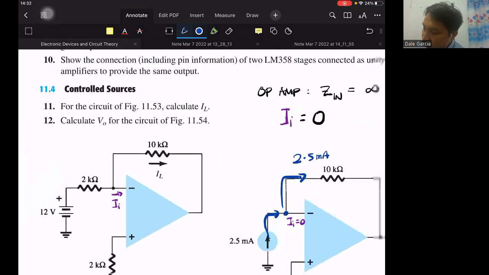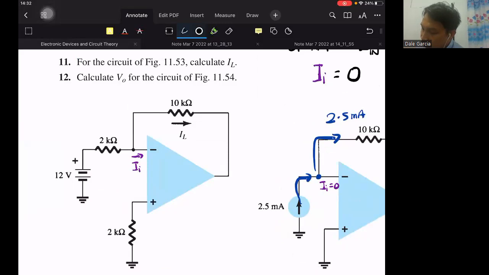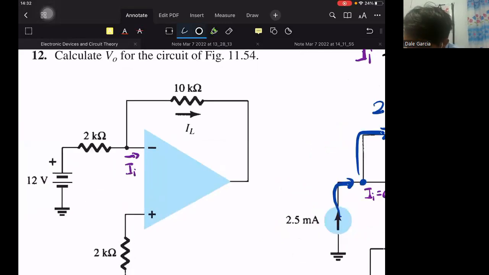Also remember another feature of the op-amp: there exists a virtual ground right here. Zero current comes into the input, as if there were a virtual ground. So we can calculate the current going into this node.